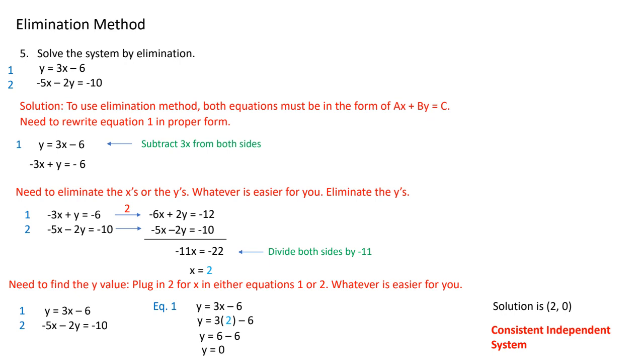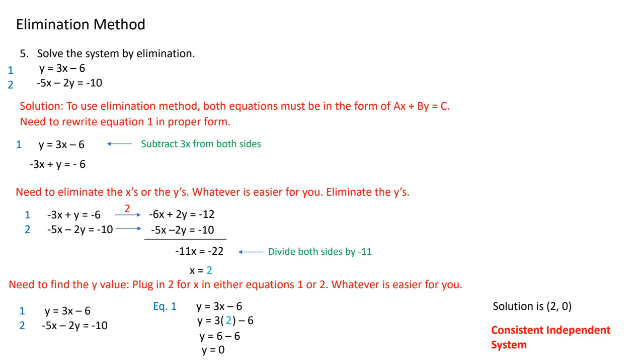So to do the elimination method, we want to get rid of one of the variables. Now, the best thing to do first, since they're in two different formats, one in slope-intercept form and one in general form, okay? Maybe you wouldn't see this right away, but what we want to do first is put them both in one format.